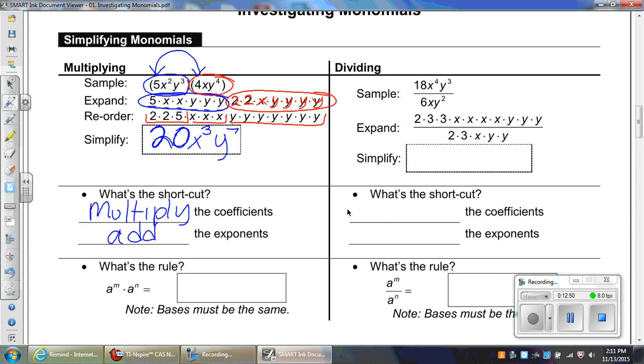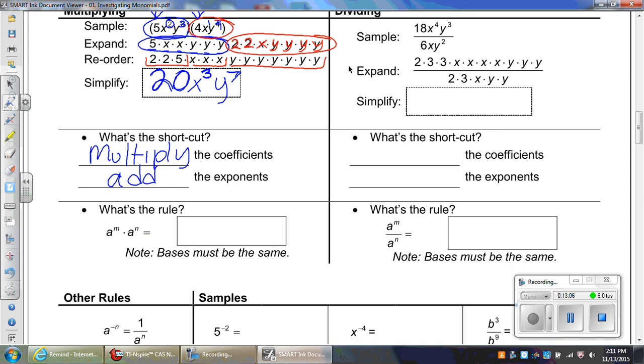So if we add 2 plus 1, that gives us a 3. And then 3 plus 4, that would give us 7. So the rule, remember, for multiplying variables is that you add the exponents. So this will be a to the power m plus n. But keep in mind that the basis must be the same.